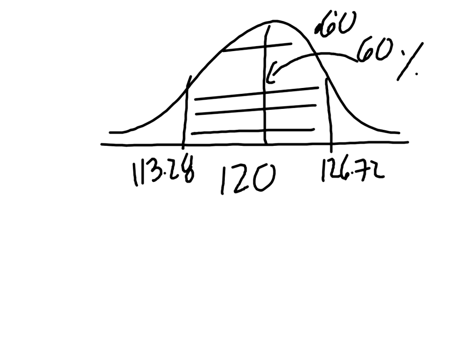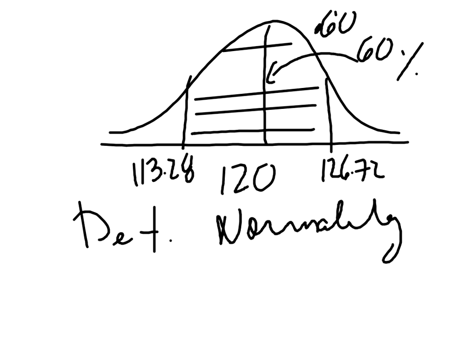Well, it turns out that there is a way to do that, and more than one way actually. On the bottom of page 334, they have a little section called Determining Normality. And it's based on stuff that we've already done before.